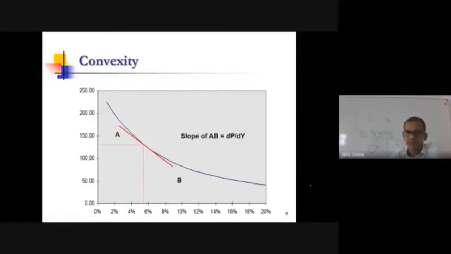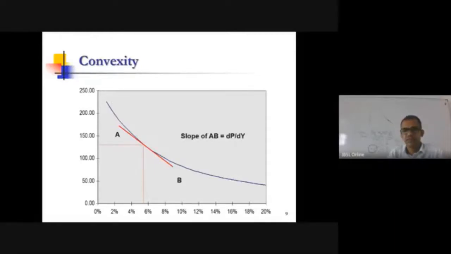So then we'll move into the next topic, convexity. As I mentioned, the slope of this line gives you the duration at this point. And when we use only modified duration to estimate the new price, we assume price would change along this straight line, not along this blue curved line.